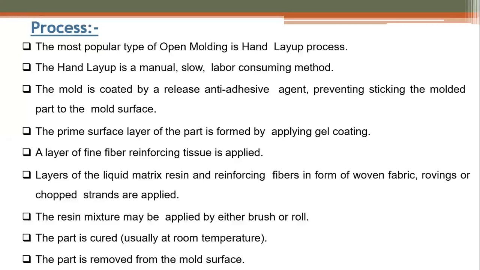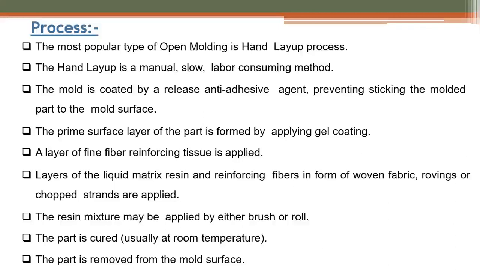A layer of fiber reinforcement tissue is applied on it, and layers of liquid matrix resin and reinforced fiber, in the form of woven fabric, rovings or chopped strands, that is chopped fiber, are applied.